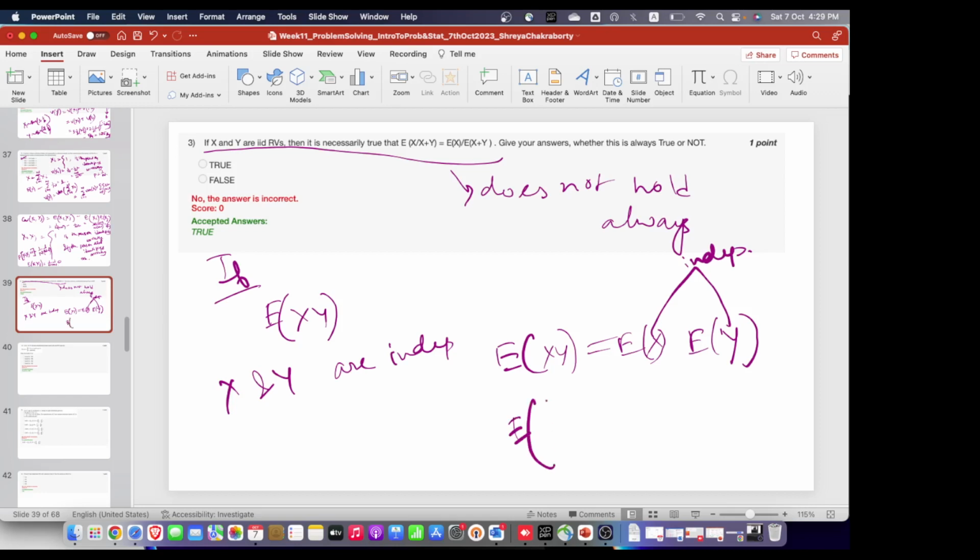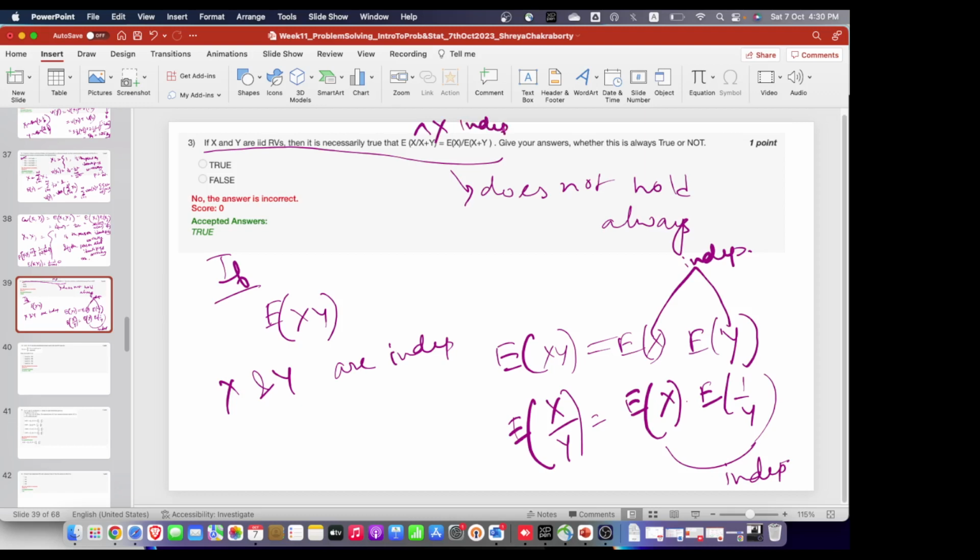For example, x by y can be written as expectation of x into expectation of 1 by y, since these two are independent. But here x and x plus y are not independent, so this will not hold true.